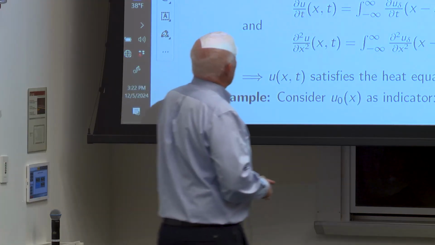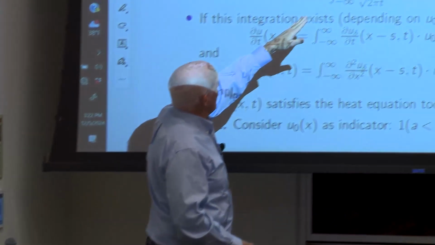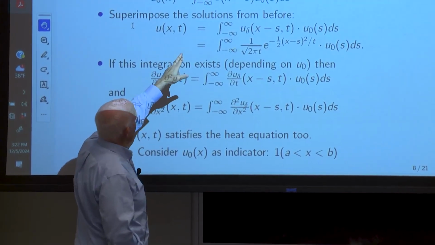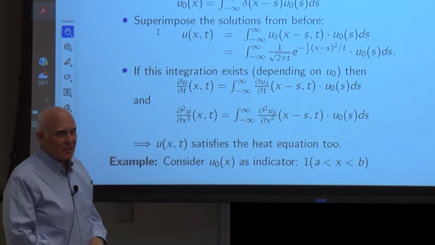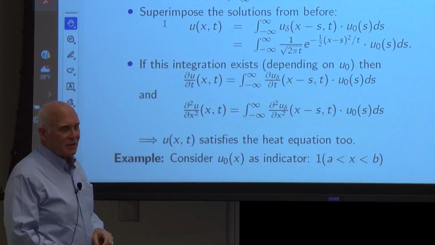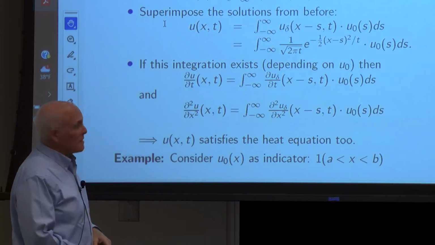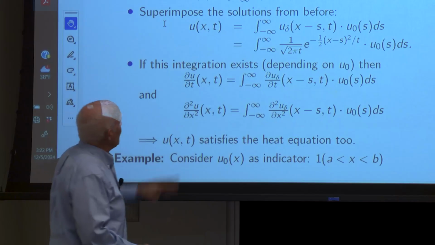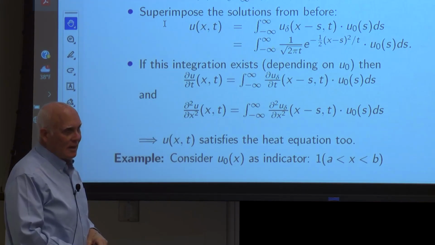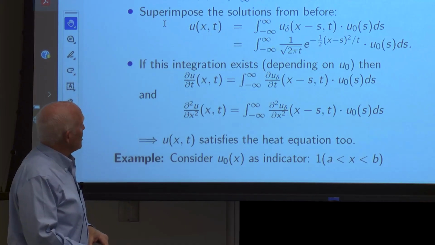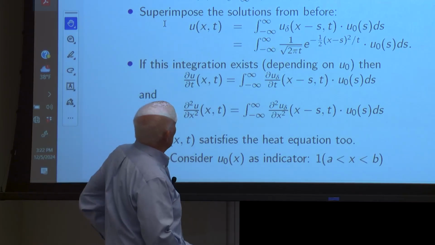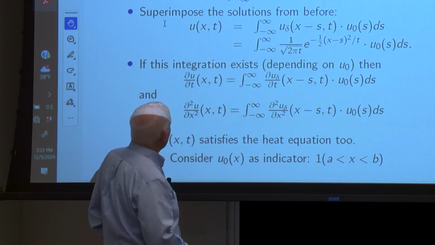If we integrate our u naught function with the Dirac delta function evaluated at x minus s, we simply get back u naught at x. So the Dirac delta function allows us to pull out in an integral the u naught function itself. There's like an identity relationship between u naught and this transform of u naught with the Dirac delta function.